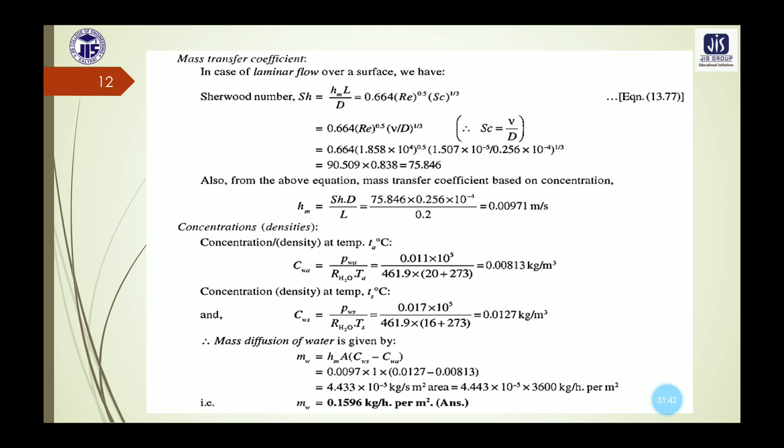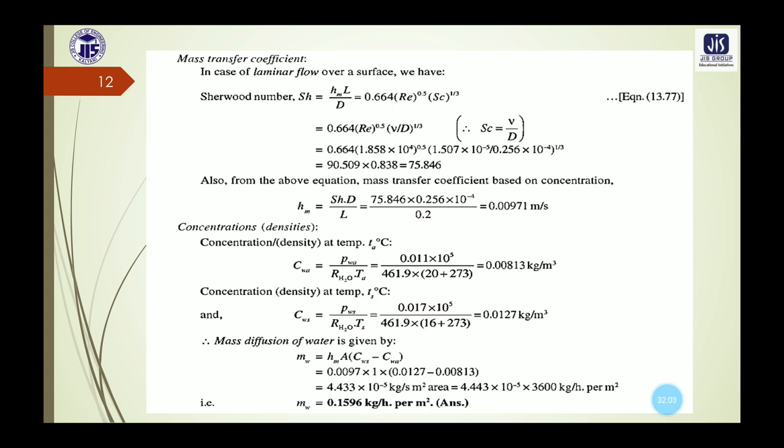Using this formula, Cwa is 0.00813 kg per meter cube. Again the concentration at the saturated surface temperature Ts, Cws, is 0.0127 kg per meter cube.